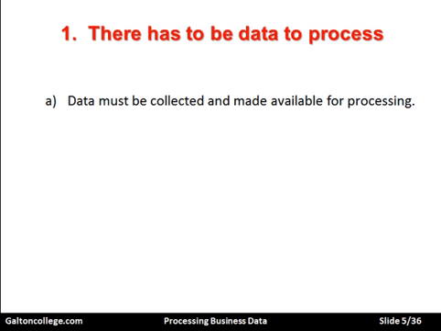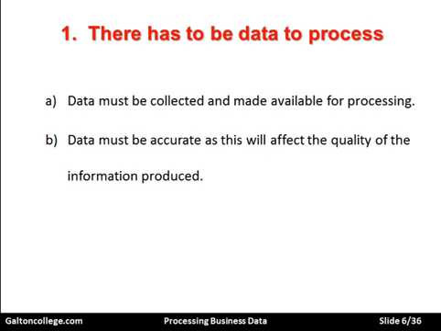So it must be made available for processing. And of course the data must be accurate. If it's not accurate, then any subsequent analysis converting the data into information will lead to faulty information, which will lead to bad decision making. So data must be accurate.